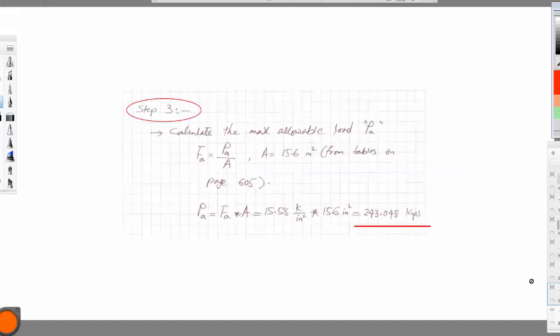We calculate the maximum load, and you apply this equation, which was the main equation. We have the cross section at 15.6 from the table, so all we need to do is apply this equation with 15.58, again putting the units, it is kip per inch square multiplied by 15.6 inch square, so you get a value in kips of 240.